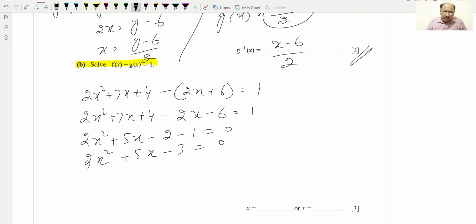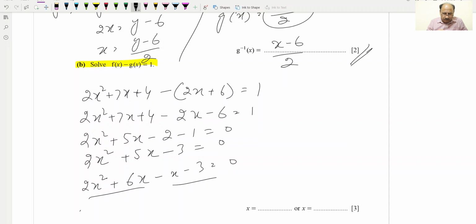Now we can factorize, and what will be the factors? We can basically take it as 2x squared plus 6x minus x minus 3 is equal to 0.